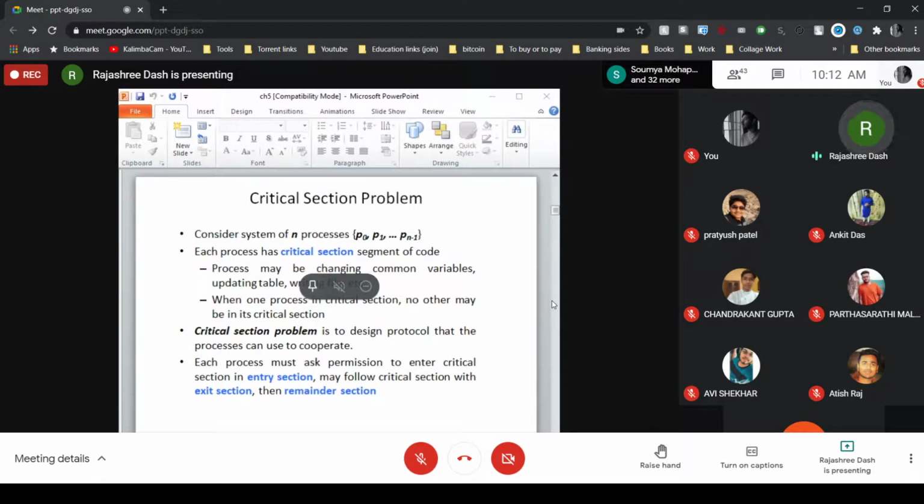And the remaining code of the process is known as the remainder section. So now the same process is structured containing the entry section, critical section, exit section, and remainder section.